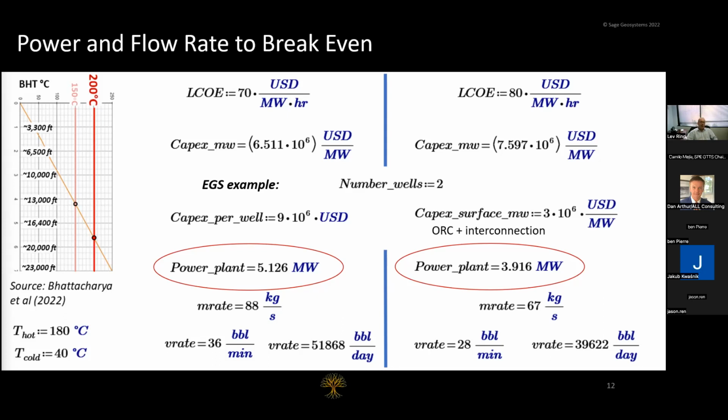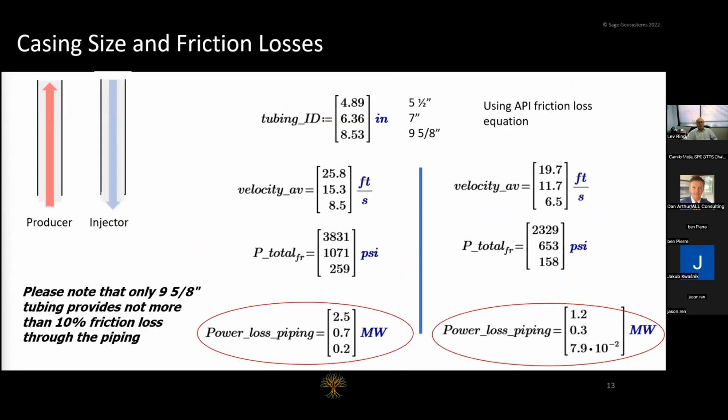Well, the moment you know this, you can easily determine at least what tubing size you need. And what you find is that if your tubing size is less than 7 inch, everything you generate, you're going to lose on friction. So the whole discussion, can we reuse oil and gas wells?